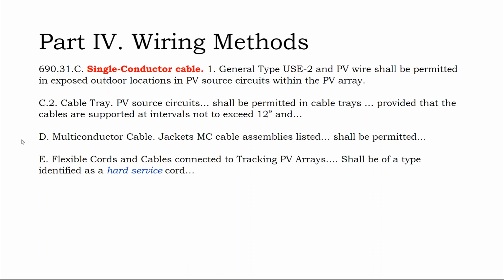Now it says, as far as single conductor cable goes, we're going to allow you to use USE-2 cable, even though it's not specifically listed as solar. It says underground service entrance cable is robust enough to use as solar cable. And you can also use solar wire, PV cable, or it's really PV wire. It's a single conductor, shall be permitted as well.